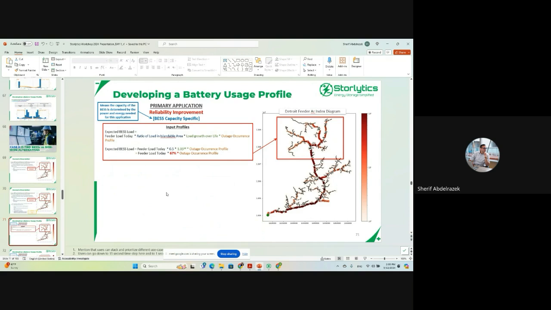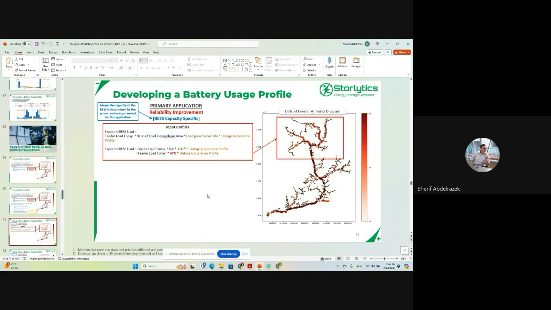All right, so we start off with sizing the primary application, or designing the primary application. Just to give you an overview of the input profiles here: the expected BESS load for the reliability application, we expect that to be the feeder load today times the expected load growth divided by 2, basically, to represent 50% of customer load within the load concentration.